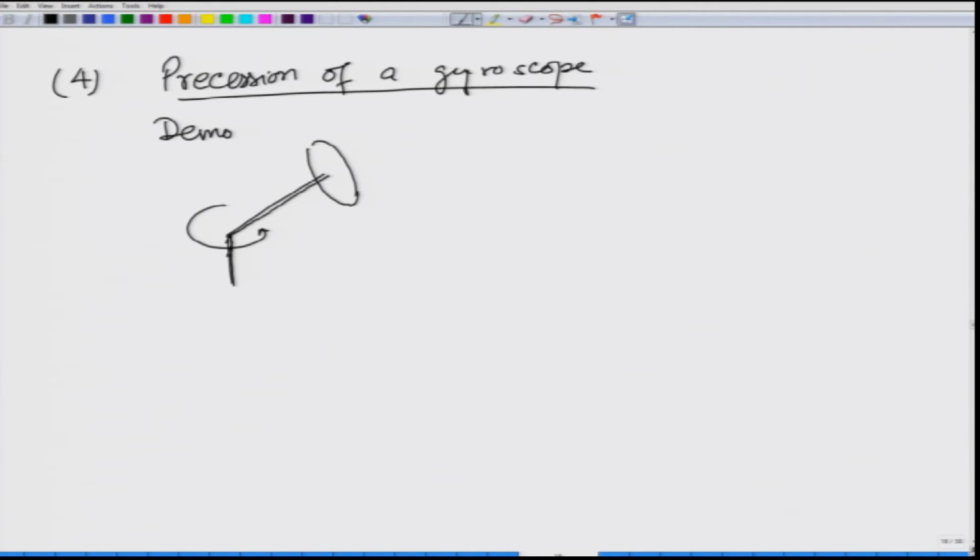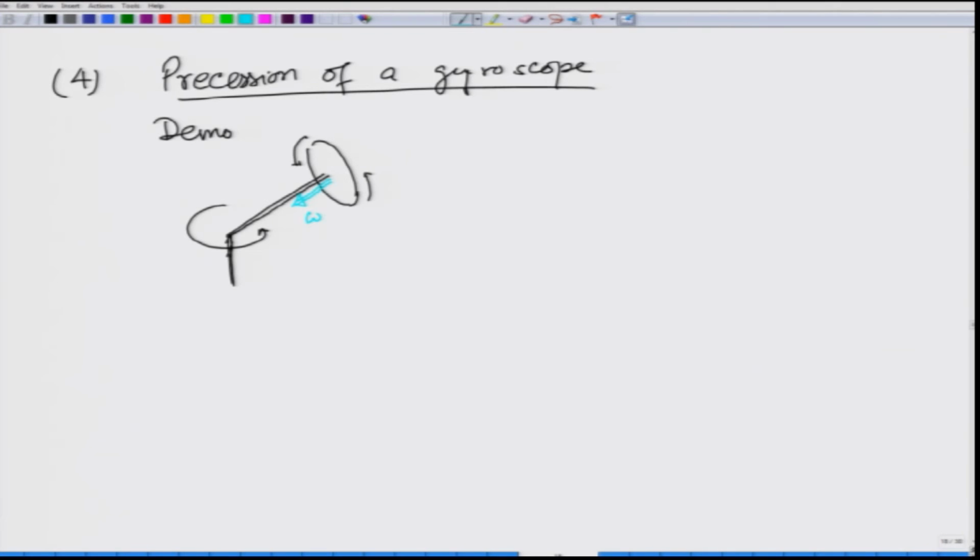The way we did it earlier was we said that let us say it is going like this, so that spin omega is coming in towards the base.